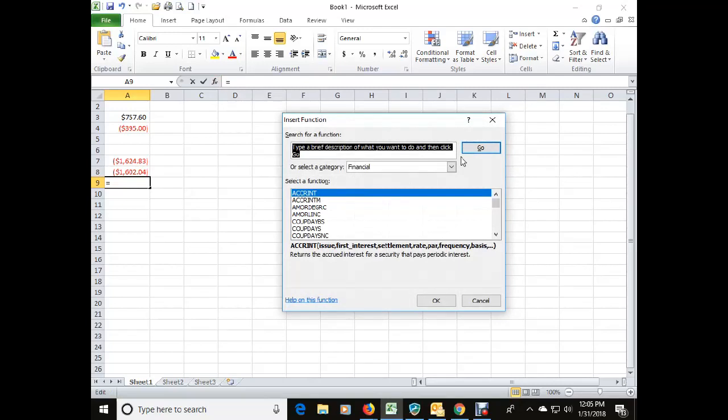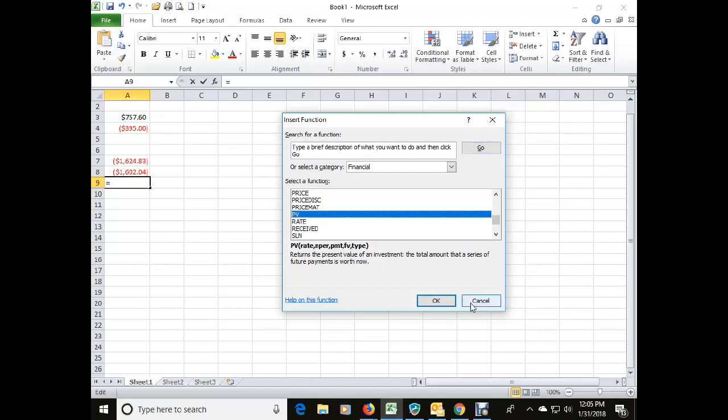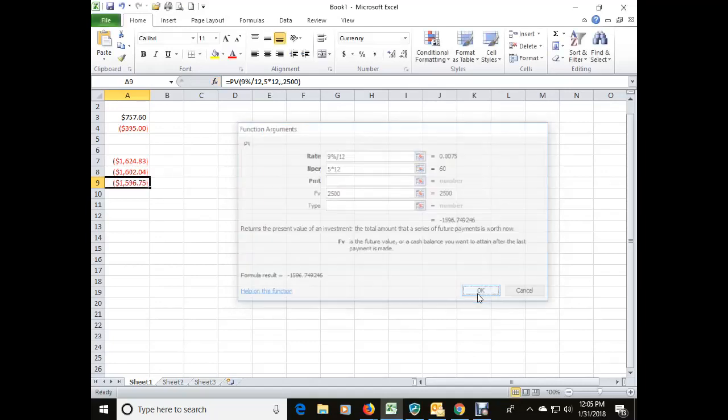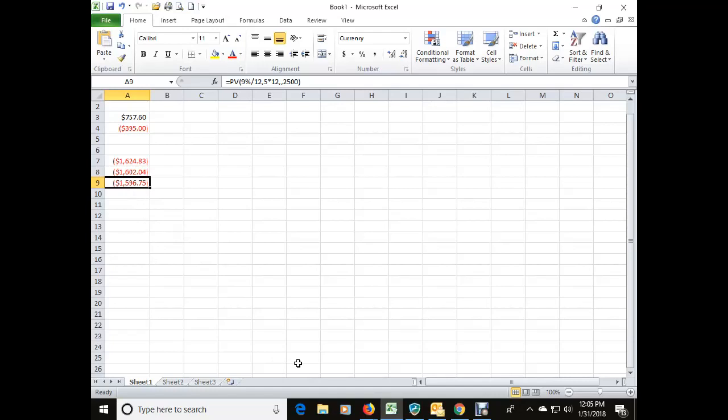And then we repeat that now for the monthly calculation. And monthly is, the rate is 9% divided by 12. The number of periods is 5 years times 12 months, and the future value is the same, 2,500, and it gives us the answer of 1596.75.